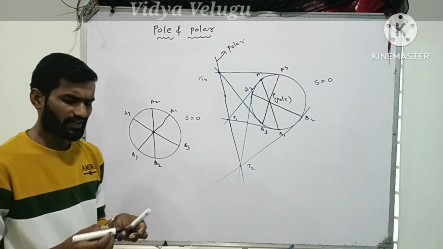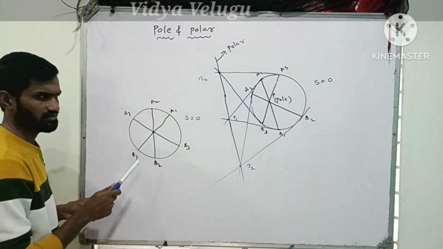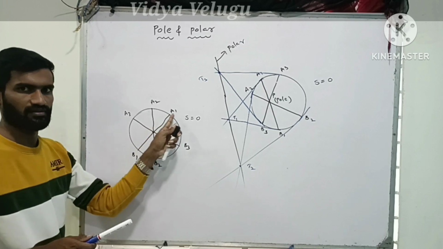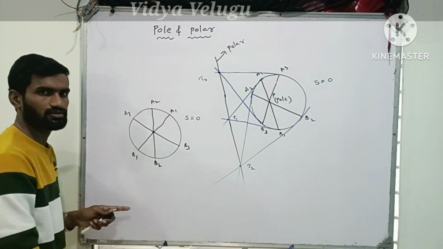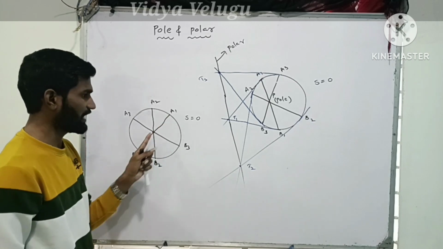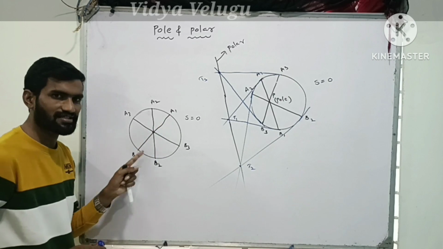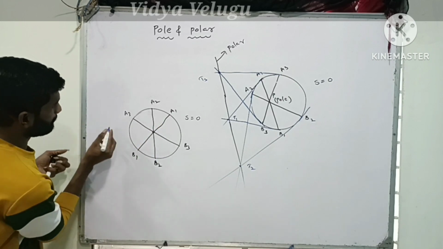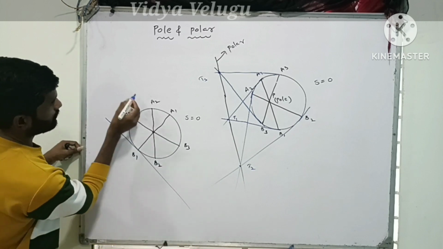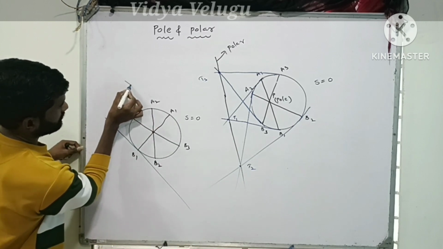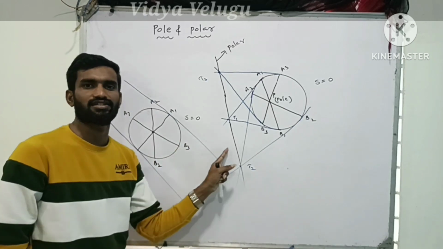Now if I take the tangents at the end points of A1 and B1, this chord is nothing but our diameter, since it passes through the center. So the tangents at A1 and B1 are parallel to each other.